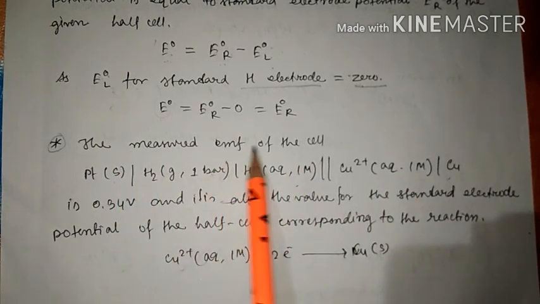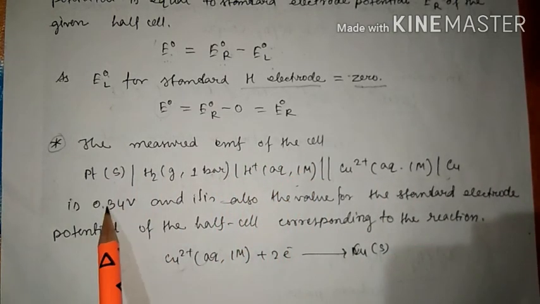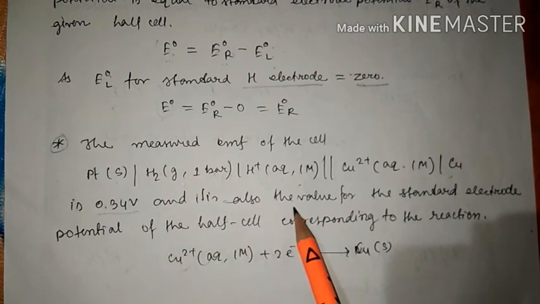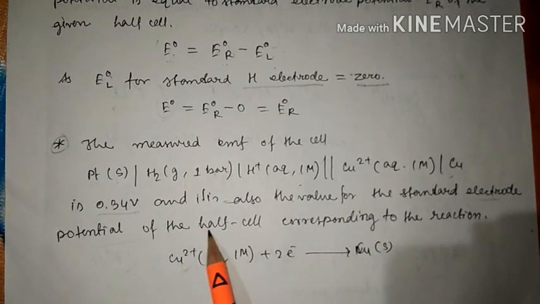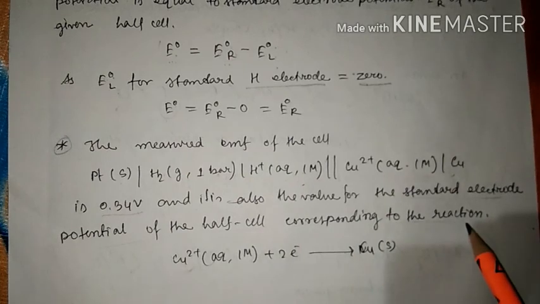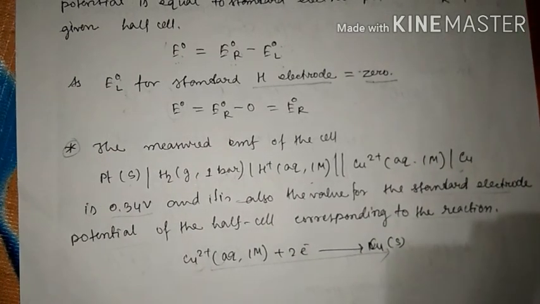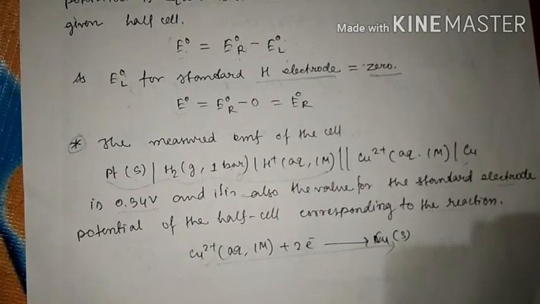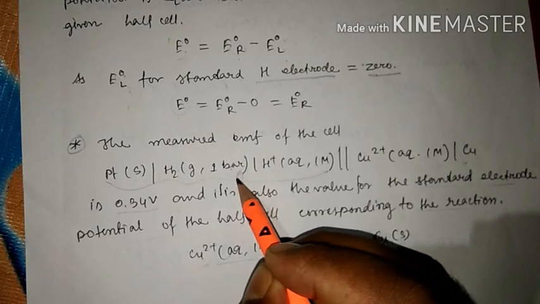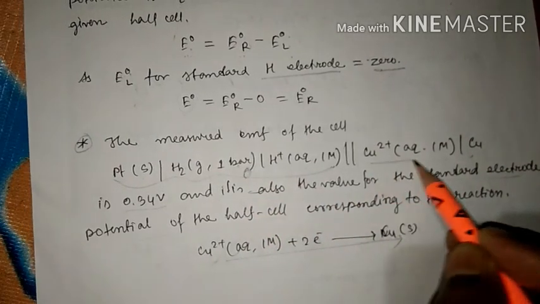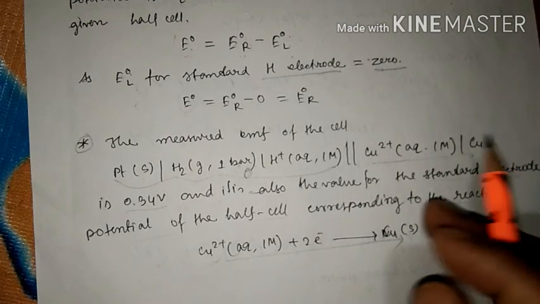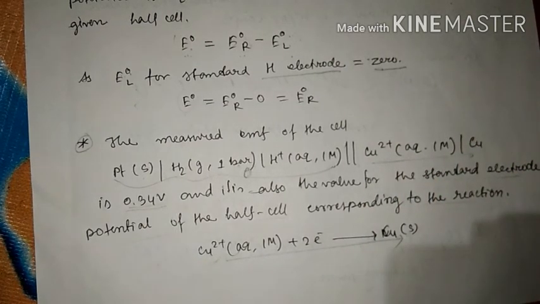The measured EMF of the cell is 0.34 volt. Suppose it is given, or we experimentally observed, 0.34 volt, and it is also the value of the standard electrode potential of the half cell corresponding to the reaction. Since this part has an electrode potential of 0, since it is the standard hydrogen electrode, this electrode, that means the copper electrode, has a potential of 0.34 volt.